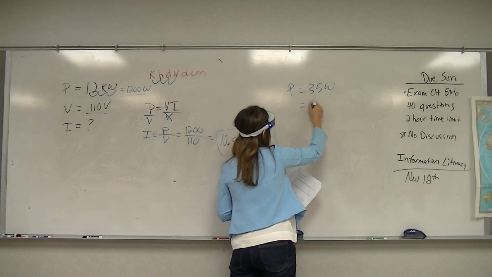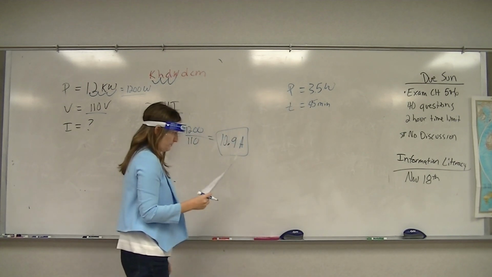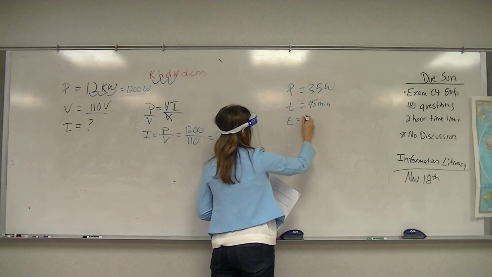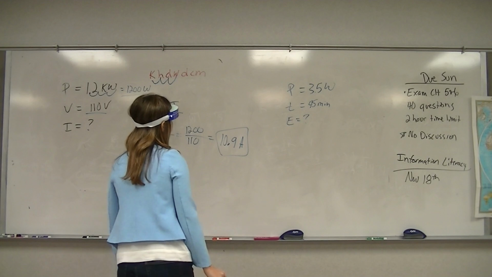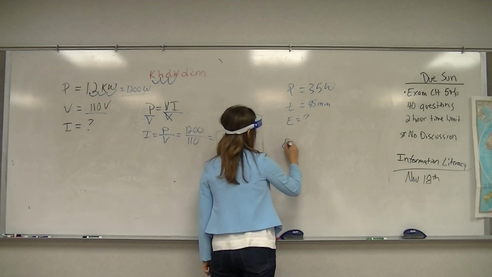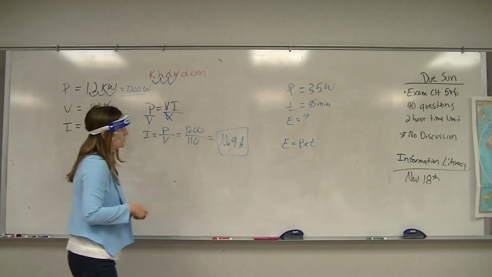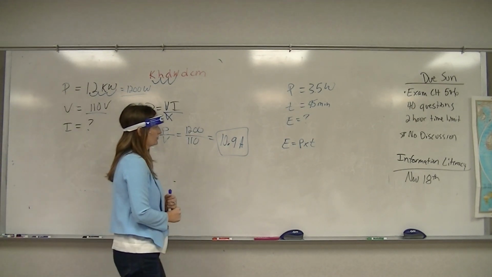So 45 minutes is a T, a time. And energy is what we're looking for. What is energy? Power times time. The only energy equation we have in these two chapters is electrical energy, power times time.